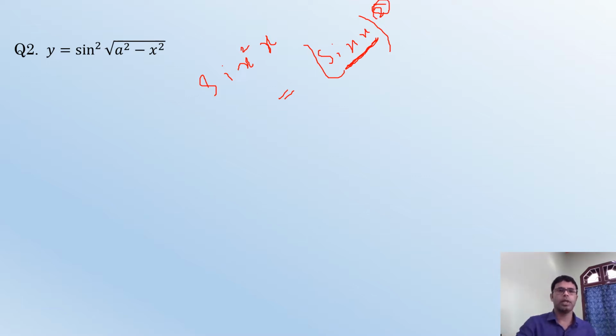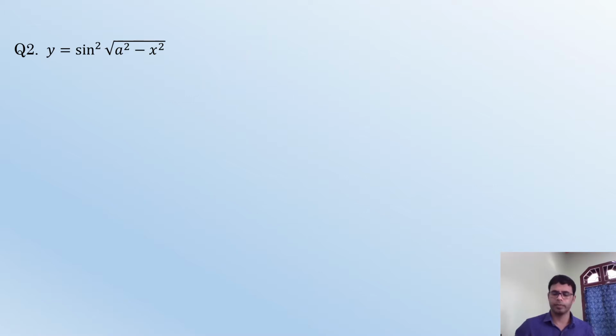Okay, so here you see, you have to find the derivative of the first function, which is the square, then the derivative of sine, and after that the inside of sine. In that way you should use the chain rule.